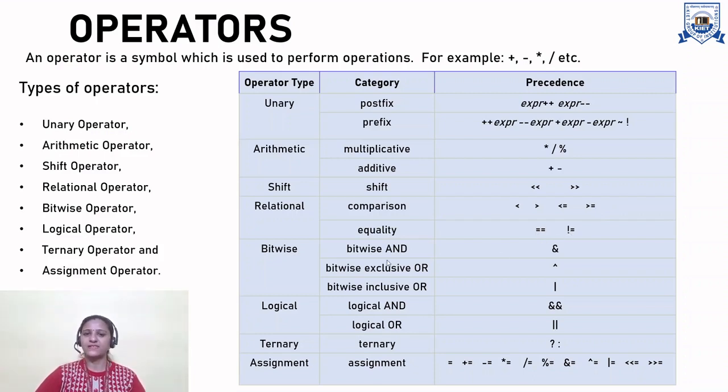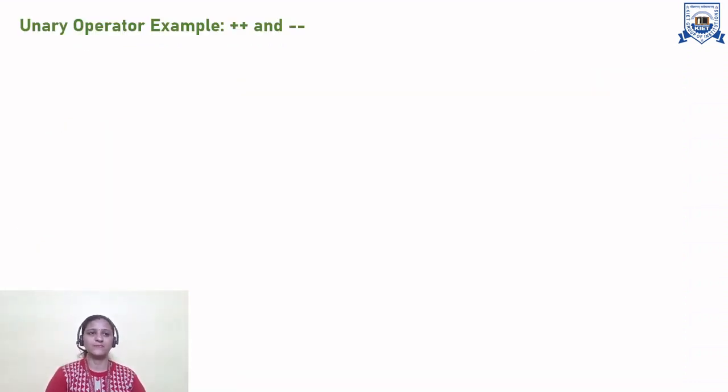Bitwise is denoted by ampersand, bitwise exclusive or, bitwise inclusive or. This is the logical: logical and, logical or. Ternary is denoted with the question mark and the colon sign. And the assignment operator: equal to, plus equal to, minus equal to, multiply equal to, and so on. So these are the different operators, their category and their precedence. We will use them in our examples one by one.